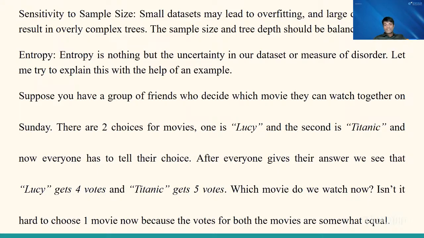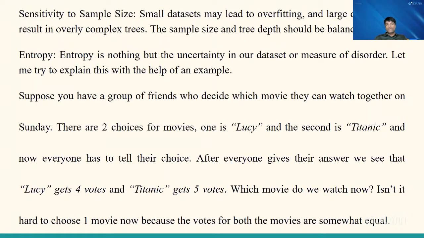Suppose you have a group of friends and you decide that you want to watch a movie together on a Sunday, and there are two movies: Lucy and Titanic. Now everyone has their choice, right? After everyone gives their answer, we see that Lucy gets 4 votes and Titanic gets 5 votes.